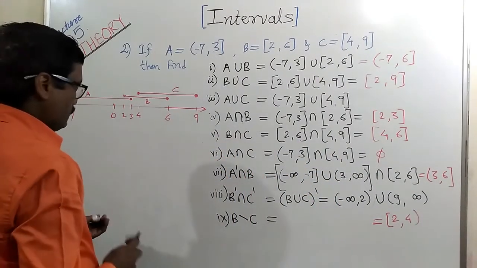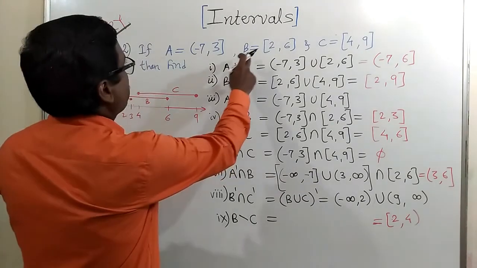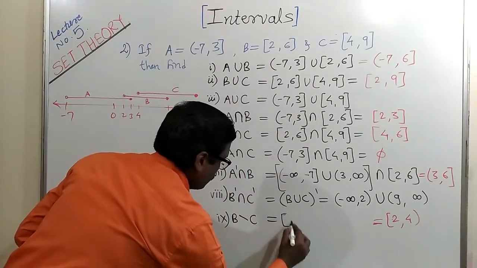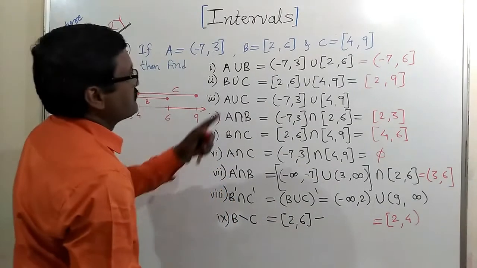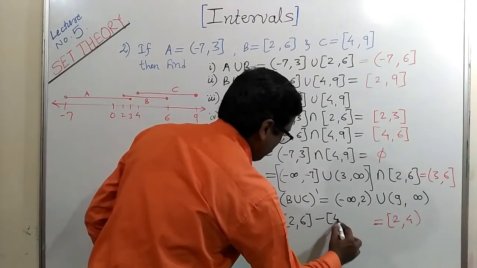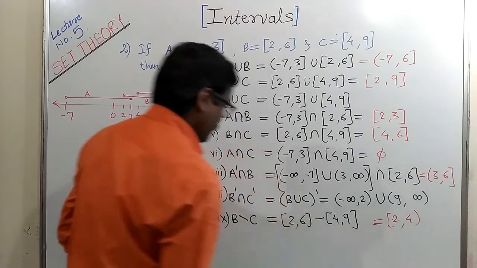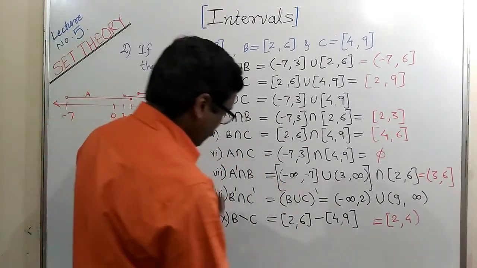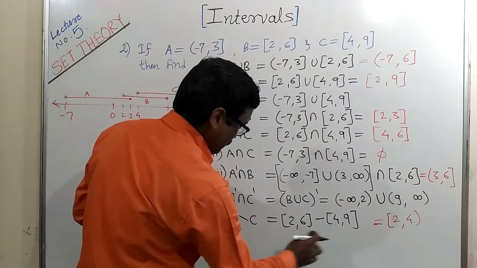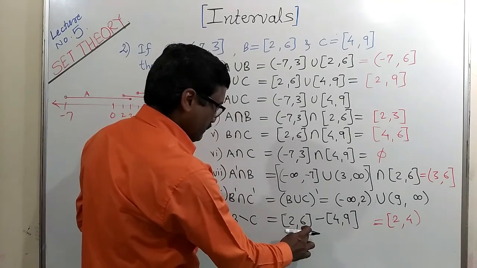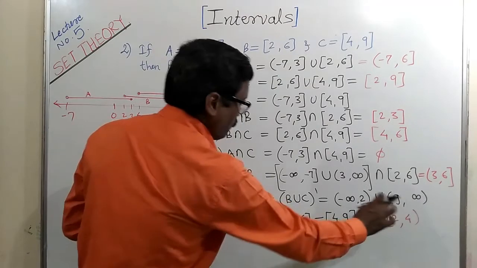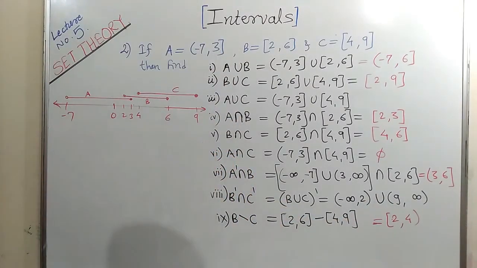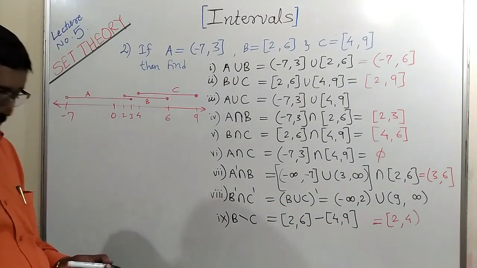Notice that it is nothing but B difference C. B is 2, 6. C is 4, 9. So subtract the common elements. The common elements are 4 to 6. Subtracting that 4 to 6 from this, we get close 2 to open 4. Here will be example number 9.